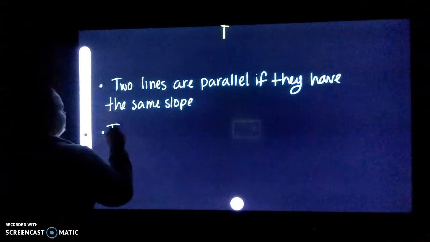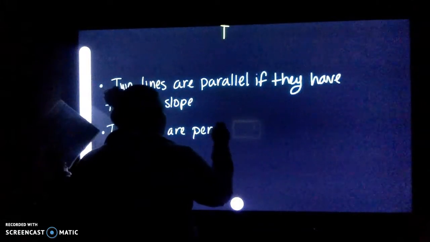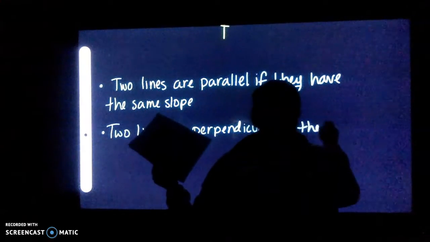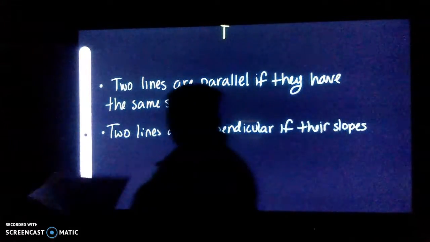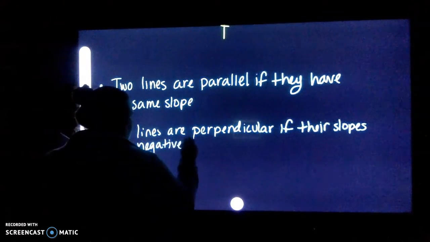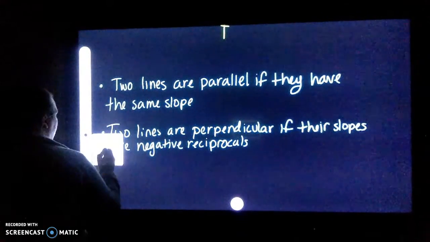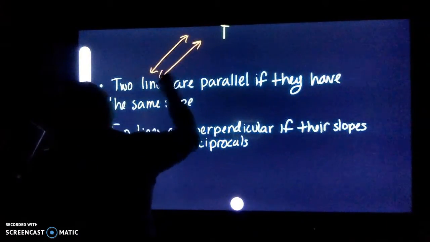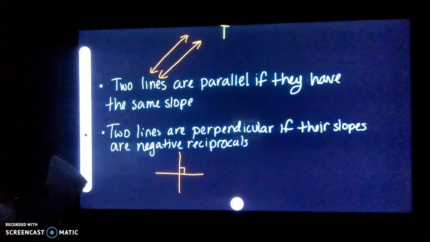Similarly, 2 lines are perpendicular if their slopes are negative reciprocals. I'm going to go ahead and show you an example of parallel lines just in case you can't remember. So 2 lines that will never intersect versus perpendicular lines that intersect at a 90-degree angle.